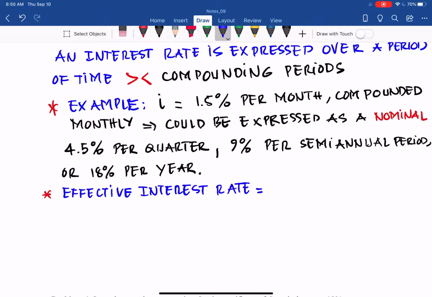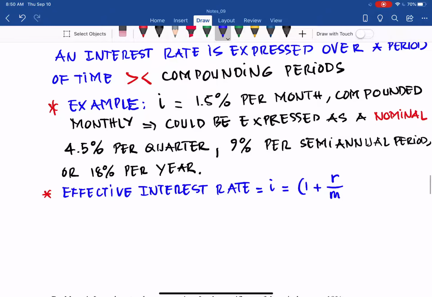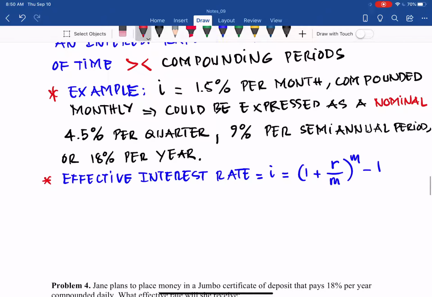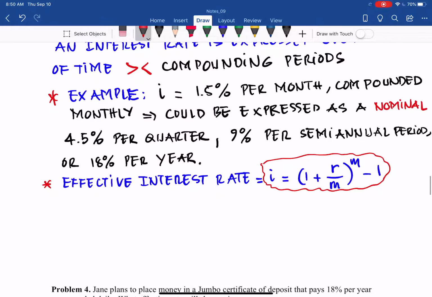That equation is available on the reference. The effective interest rate I that we want to determine is equal to 1 plus R over M, to the power M, minus 1. That is the boxed equation for the effective interest rate. From that, what is M? M is basically the number of compounding periods.